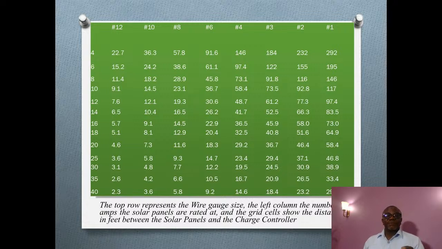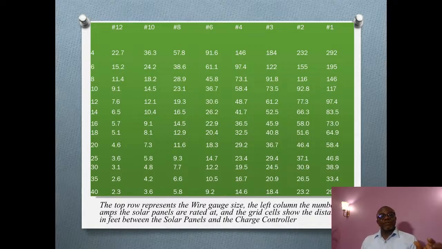If you look at this chart, the top row represents the wire gauge. That's where we have number 12, 10, 8, 6, 4, 3, 2, 1. And the left column is the number of amps.